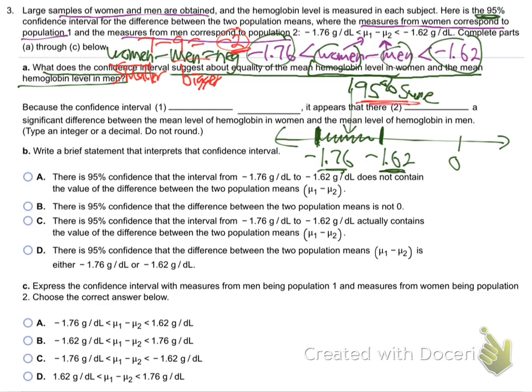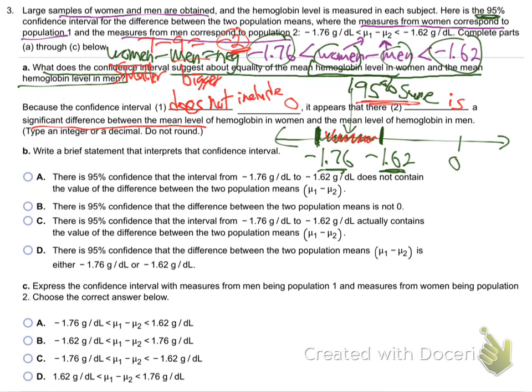We're 95% sure the difference is some negative number. It's not 0. So, because the confidence interval does not include 0, it appears that there is a significant difference between the levels, right?